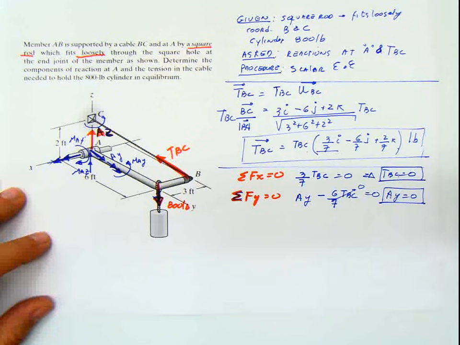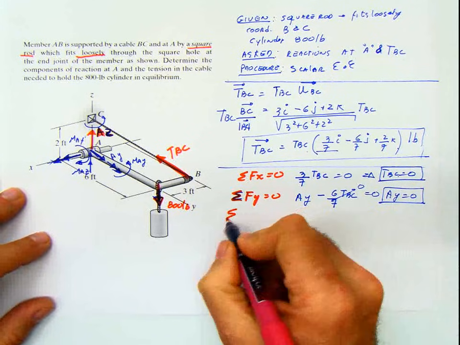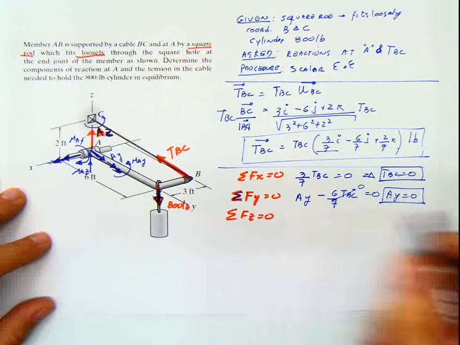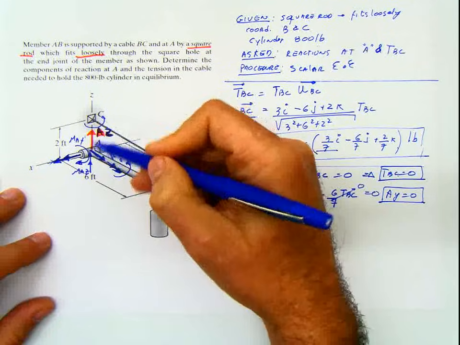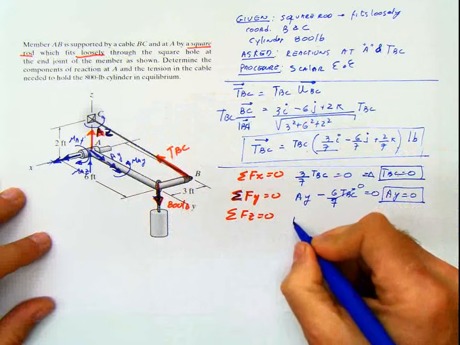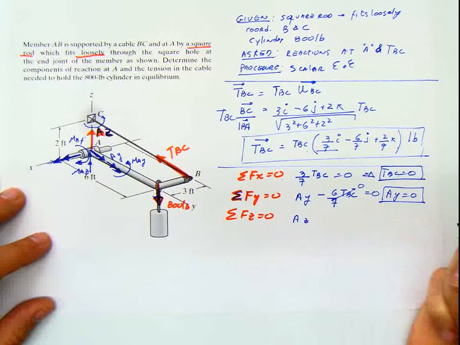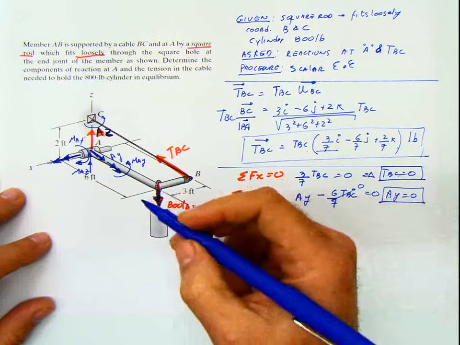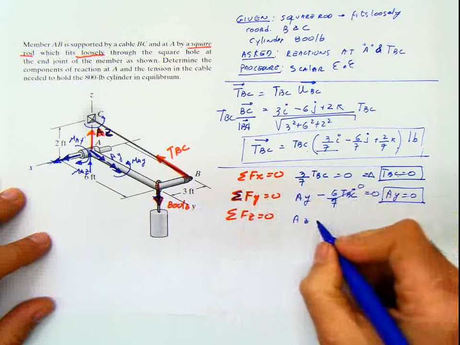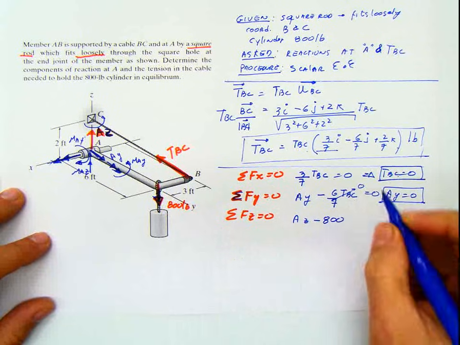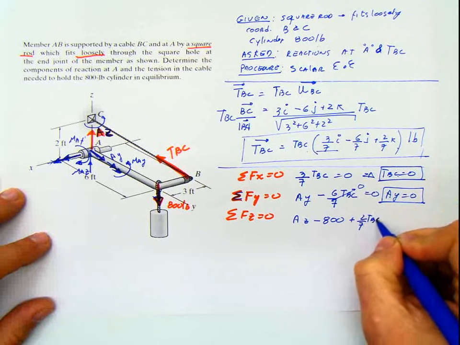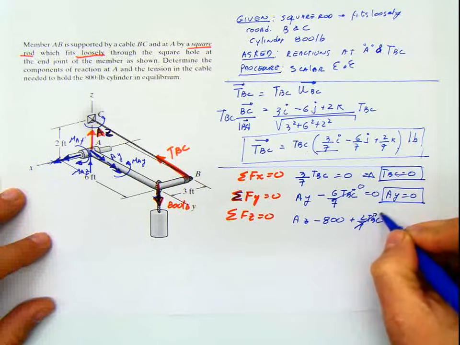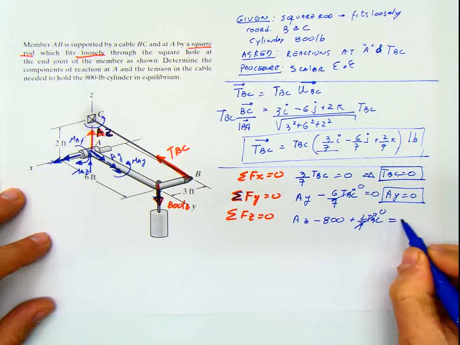And now summation of forces in Z equals 0. Now let's see what we have in Z. We have AZ, negative 800, which is the weight, and plus 2/7 TBC. You don't have to copy this every time. I'm just putting it that we know is 0, equals 0.